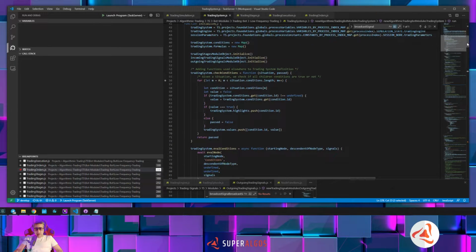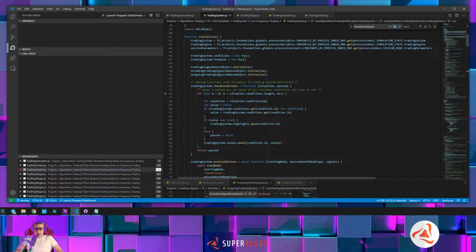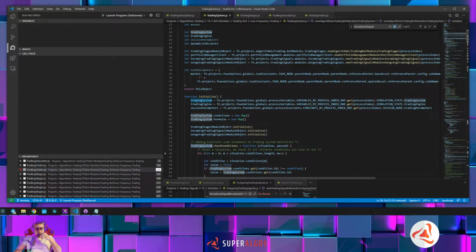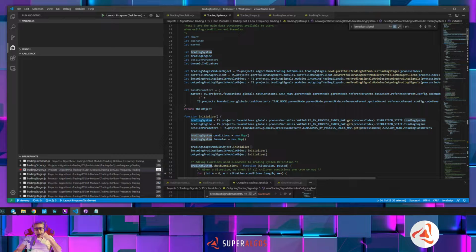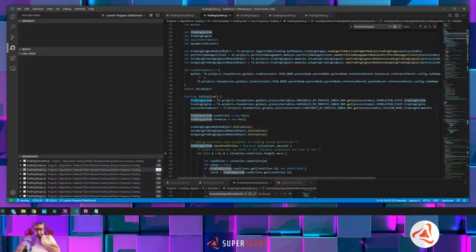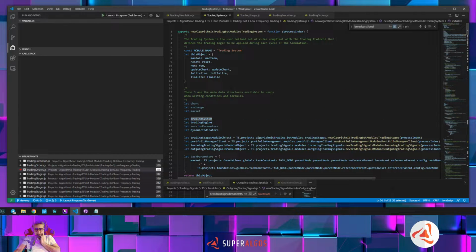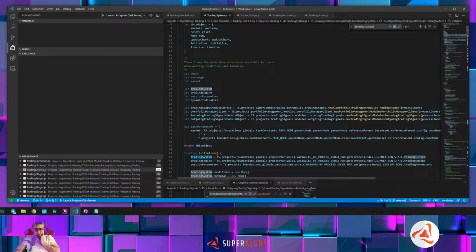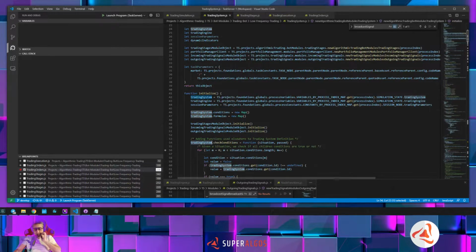The current way this is implemented, and I don't recall why it is like this, is that these functions are added to the trading system object here. Probably because the trading system object is available at different modules, and this module that is also called trading system is not available at every place that is needed.